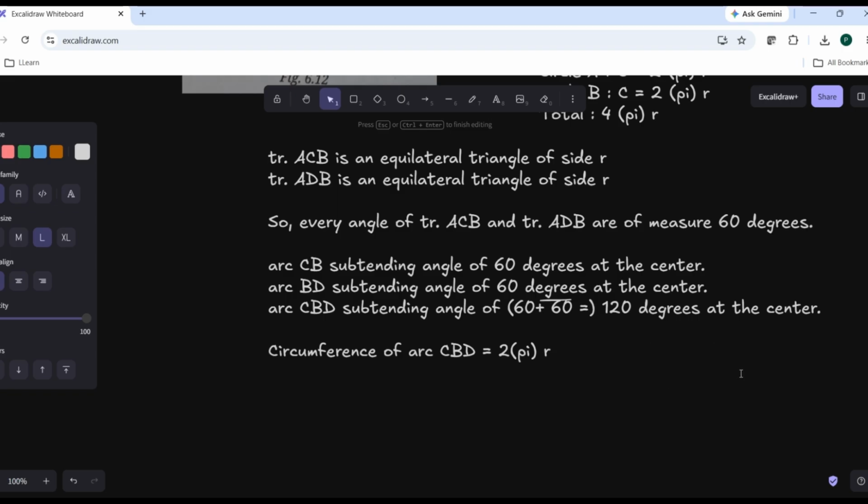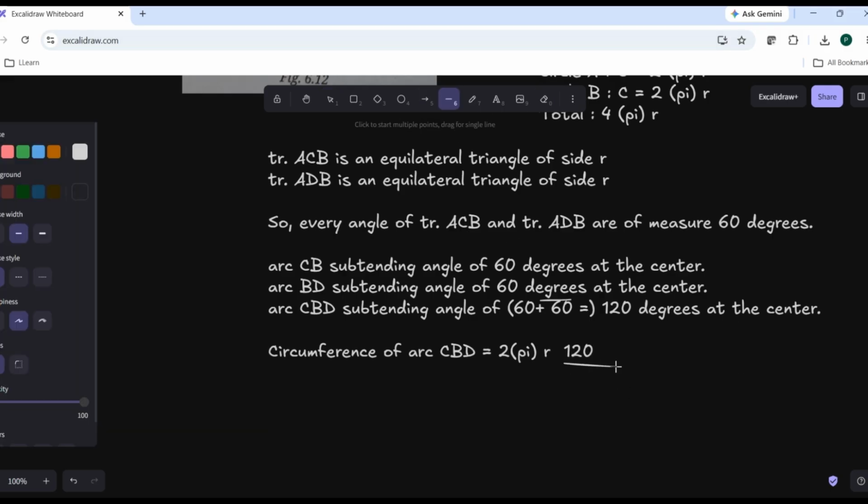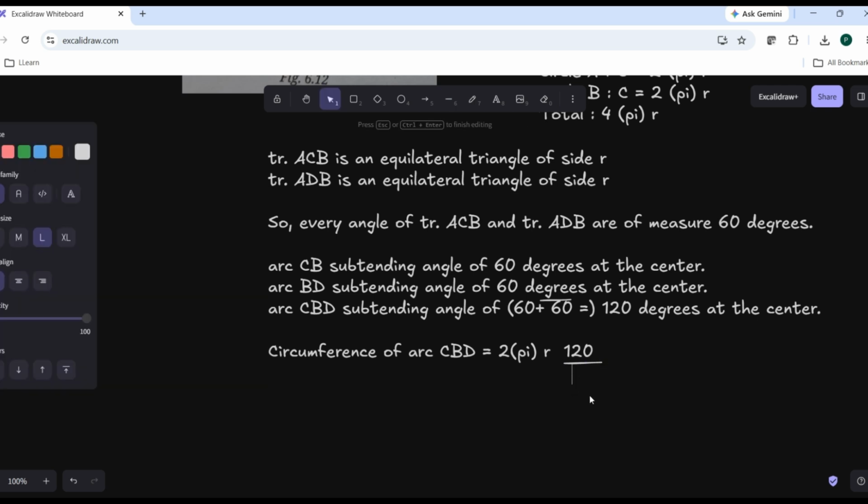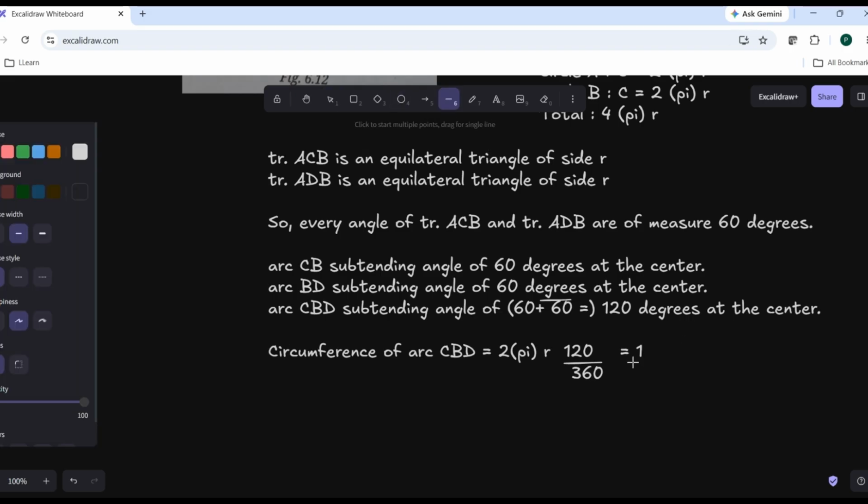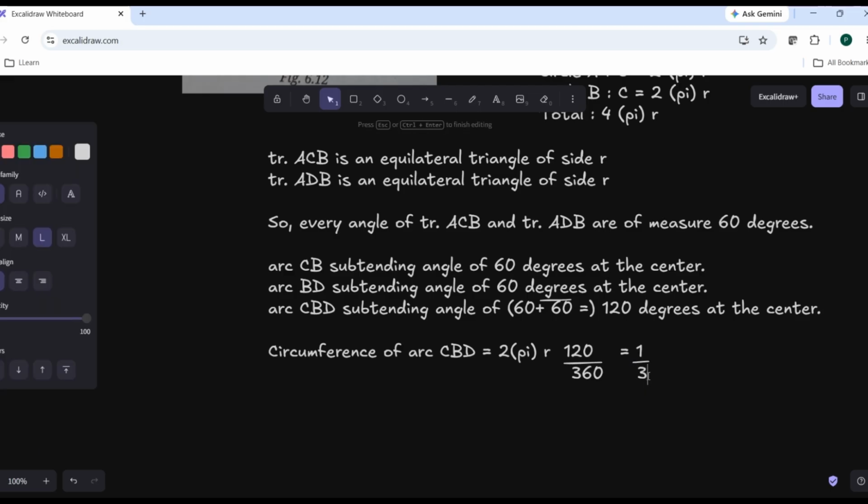So it will be 120 by 360, and 120 upon 360 is 1 by 3. So it will become 1 by 3 of 2 pi r.